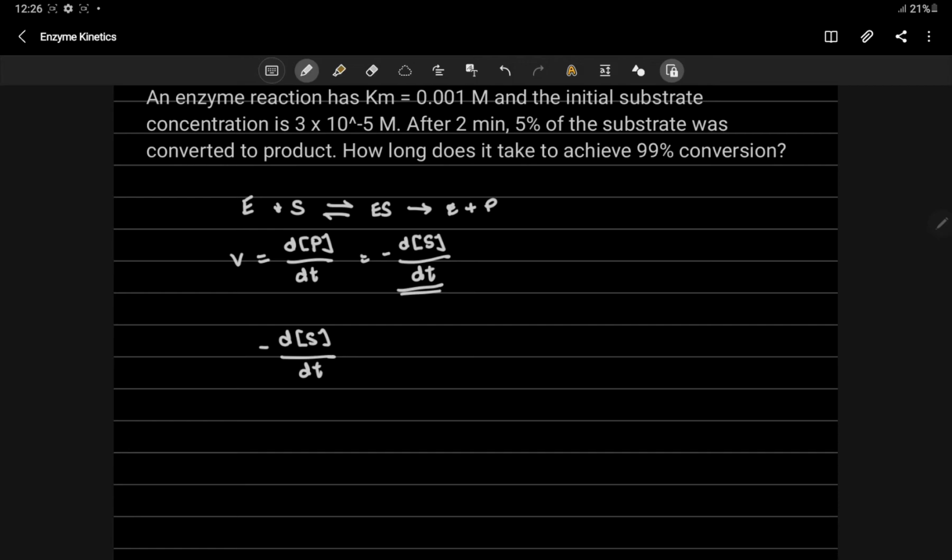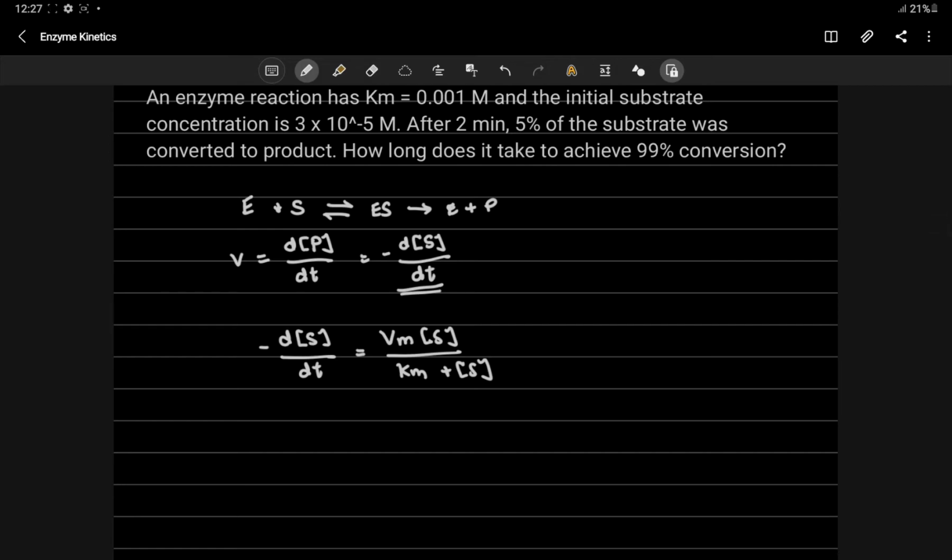If we're going to assume either the quasi-steady state assumption or the rapid equilibrium assumption, ang mangyayari, it will be equal to the Michaelis-Menten form of the equation, which is maximum velocity times the substrate concentration over Km plus the substrate concentration. Kasi diba ito ay equal sa rate, and rate is also equal to minus dS/dt.